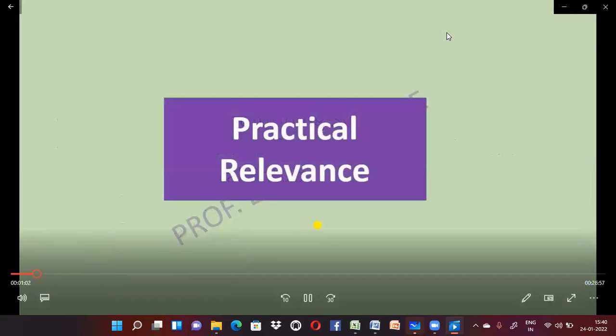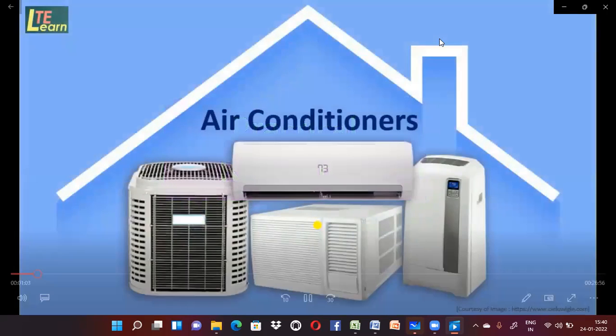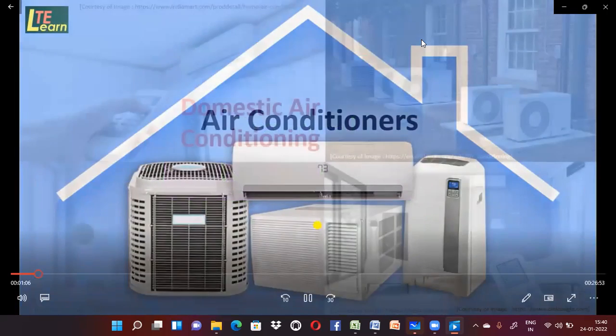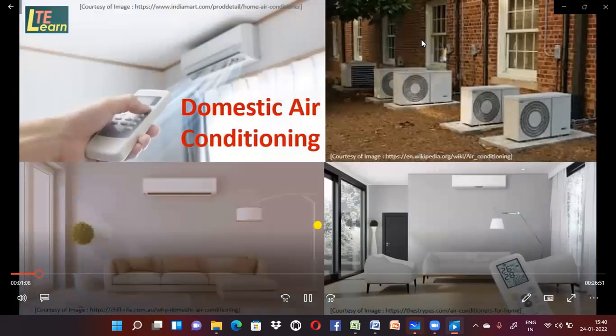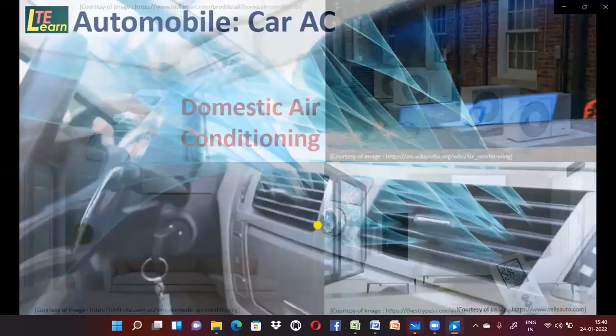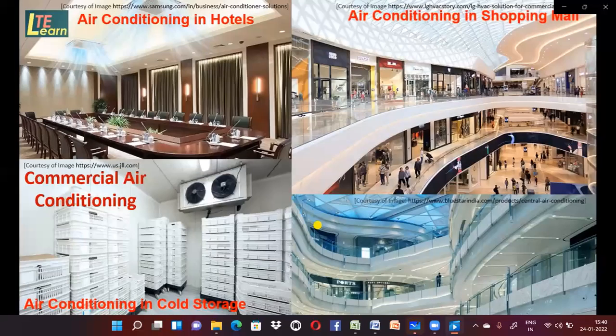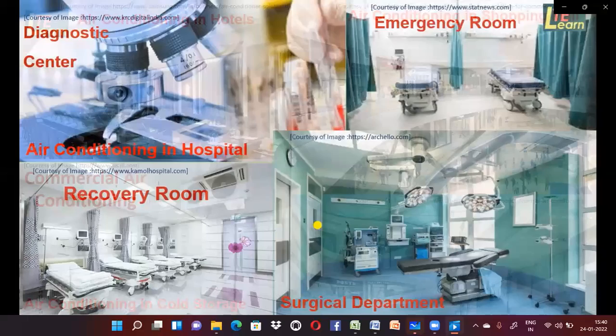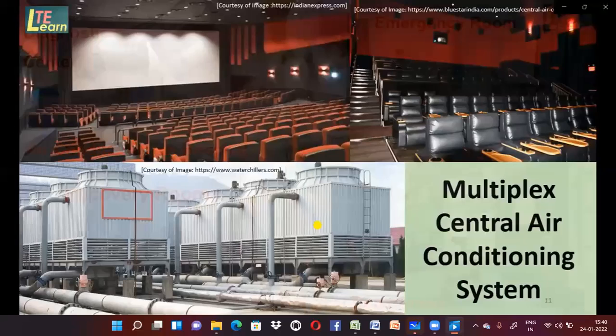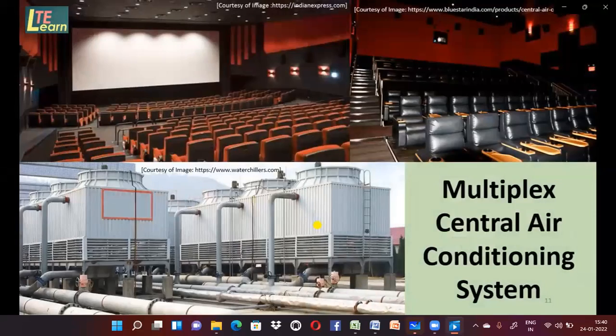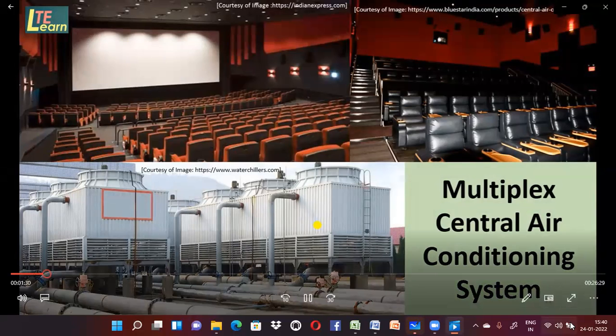Practical relevance of the experiment is: air conditioners are used for domestic air conditioning, automobile car air conditioners, commercial air conditioning used in hotels, shopping malls, cold storage, hospitals, and central air conditioning systems used in multiplexes. All these are applications of air conditioning.